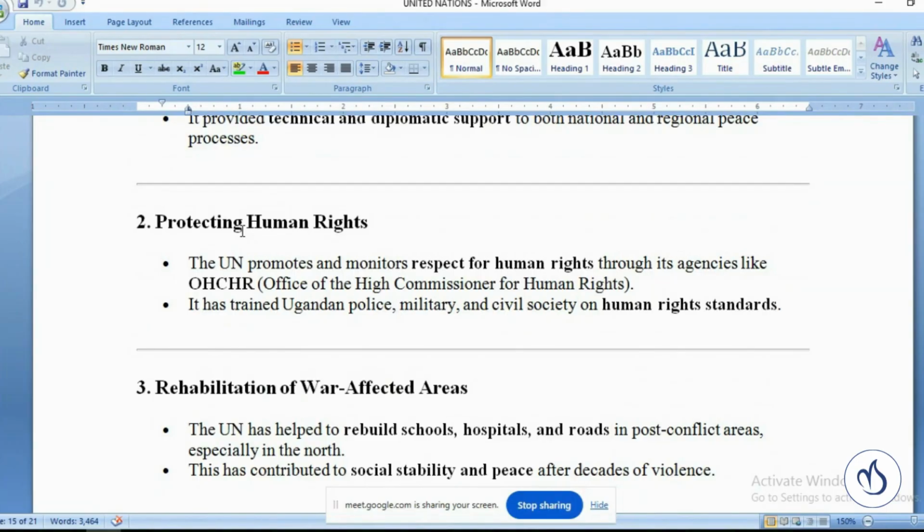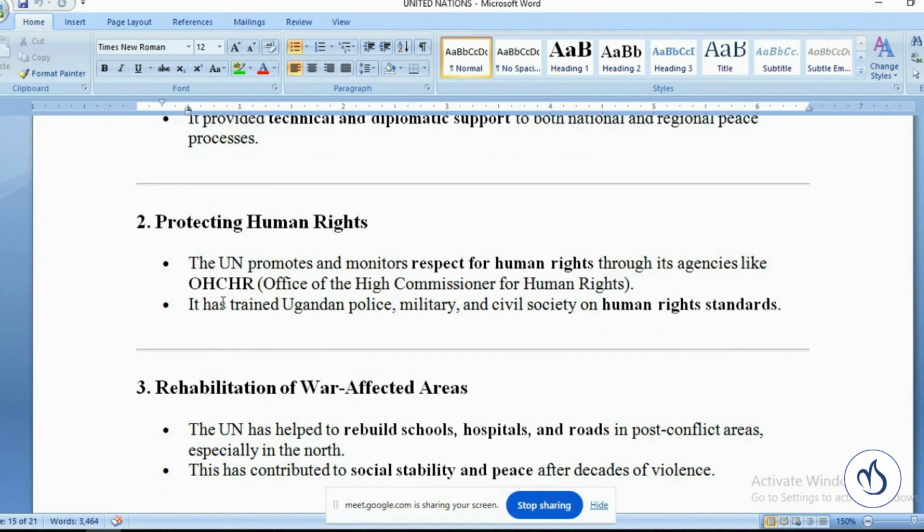People don't know their rights. It's also a problem. You will find someone being slapped, being caned in order to be forgiven. You are not supposed to be slapped. You are not supposed to be caned in order to be forgiven. You are supposed to be taken to the courts of law first.